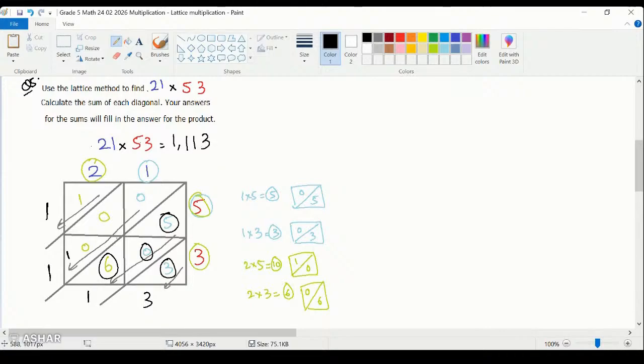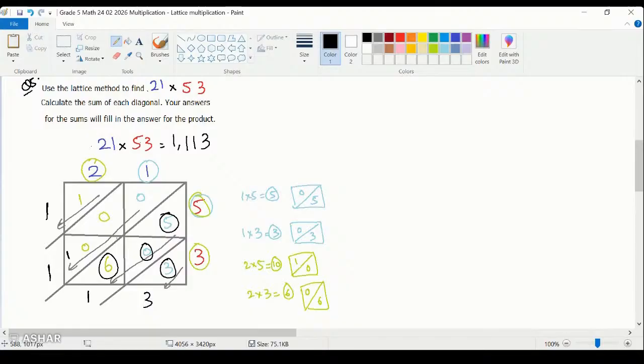So 21 multiplied by 53 comes out to be 1113. That is your final answer.